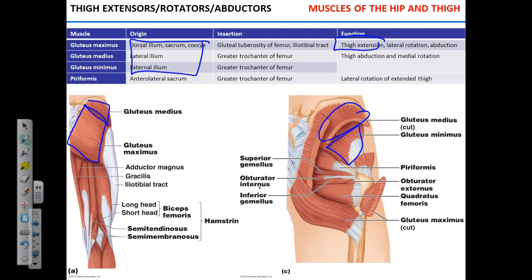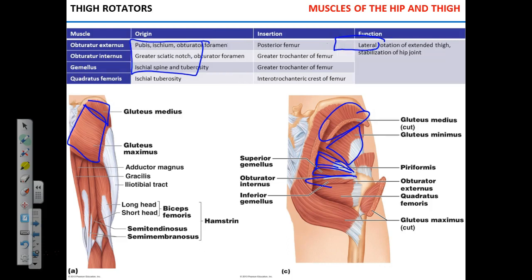So that's easy to remember. There are a bunch of small muscles that are rotators and abductors of the hip, deep to the gluteus maximus. Muscles like piriformis, obturator, gemellus. Don't worry about those guys. Okay, I will tell you what to worry about.